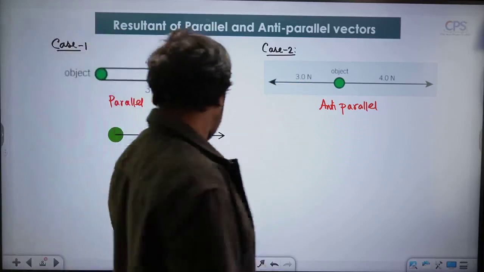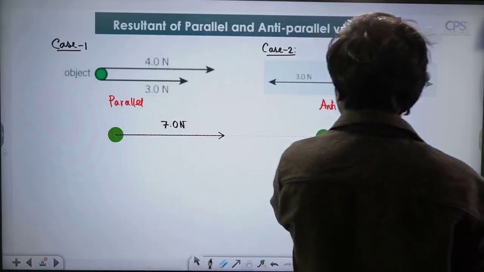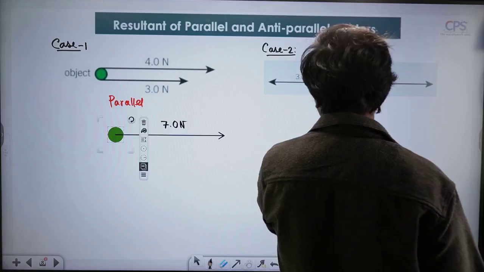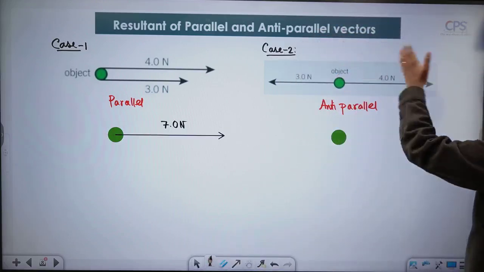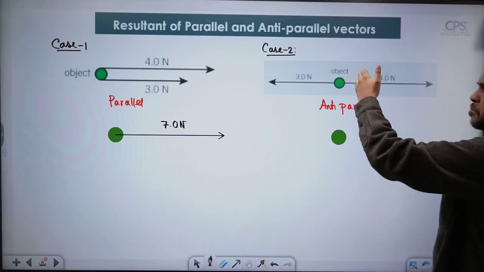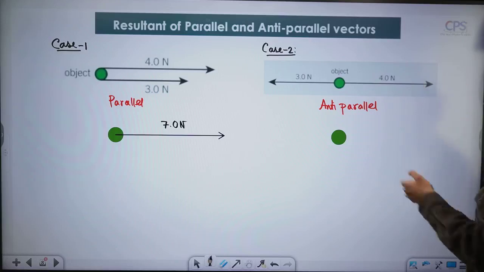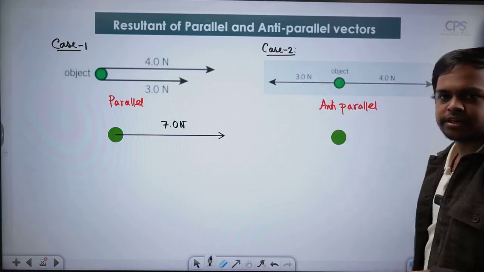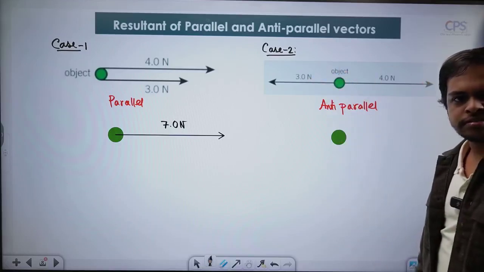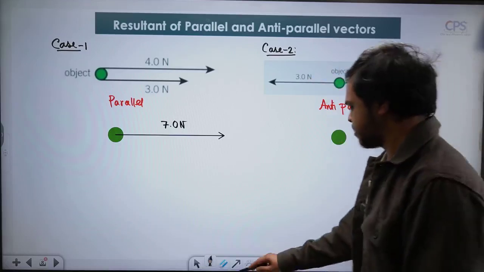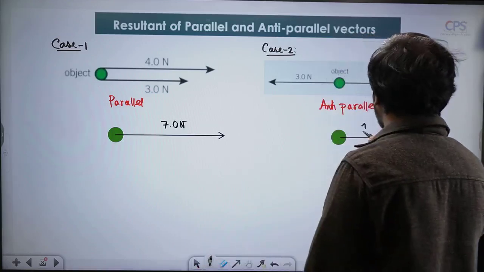Now in this one, the same object won't experience 7 Newton. Rather, you are here, one friend of yours pulls you in this direction, another friend pulls you in this direction. The right directional friend pulls you with 4 Newton, the left directional friend pulls you with 3 Newton. What will happen? It will be 4 minus 3, right? 1, easy peasy. So it will be 4 minus 3 or 1 Newton.